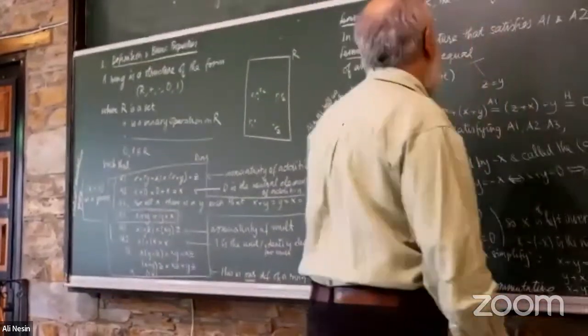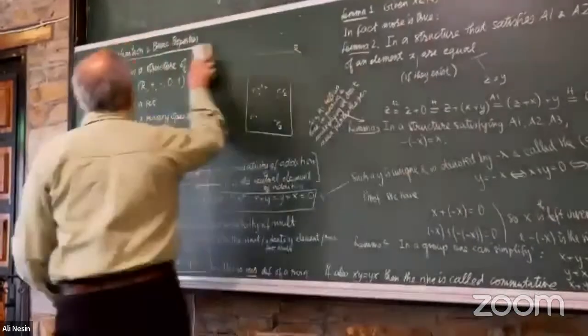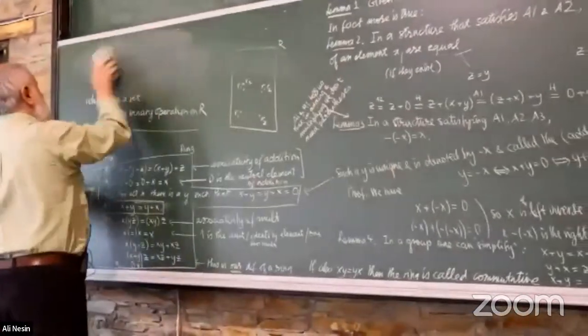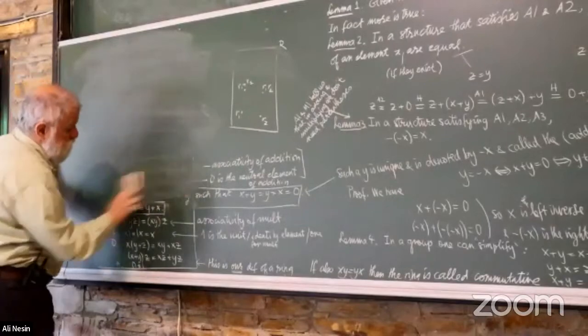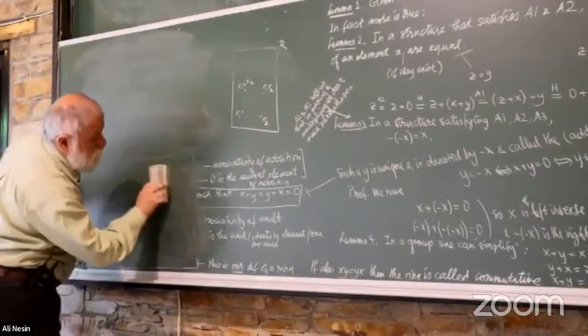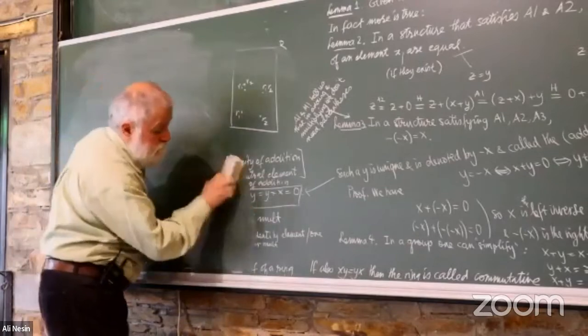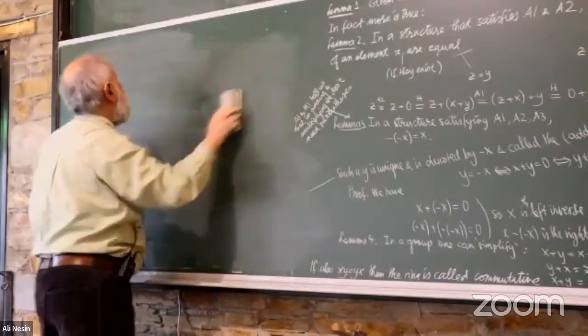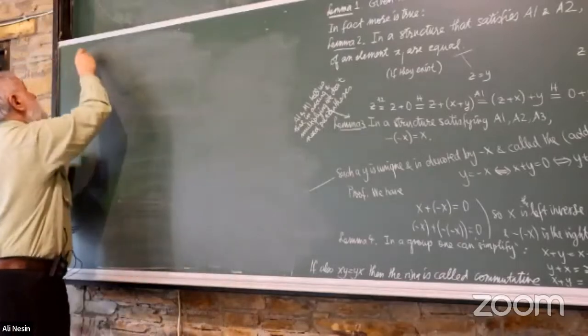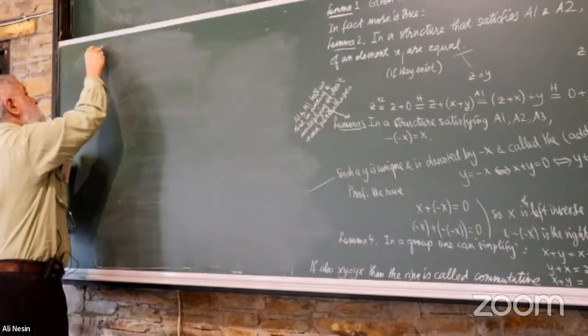Let me give you another example. Non-commutative this time. Some of them will be non-commutative. Group rings.